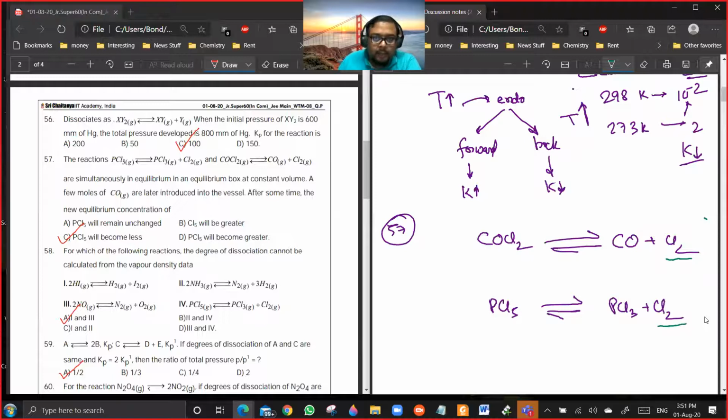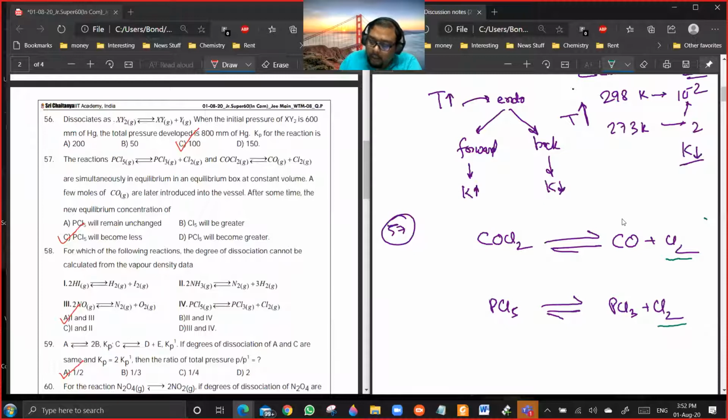Now you see, if I disturb one equilibrium, then the concentration of chlorine will change, and that change in concentration of chlorine will disturb the second equilibrium. Are you getting my point?